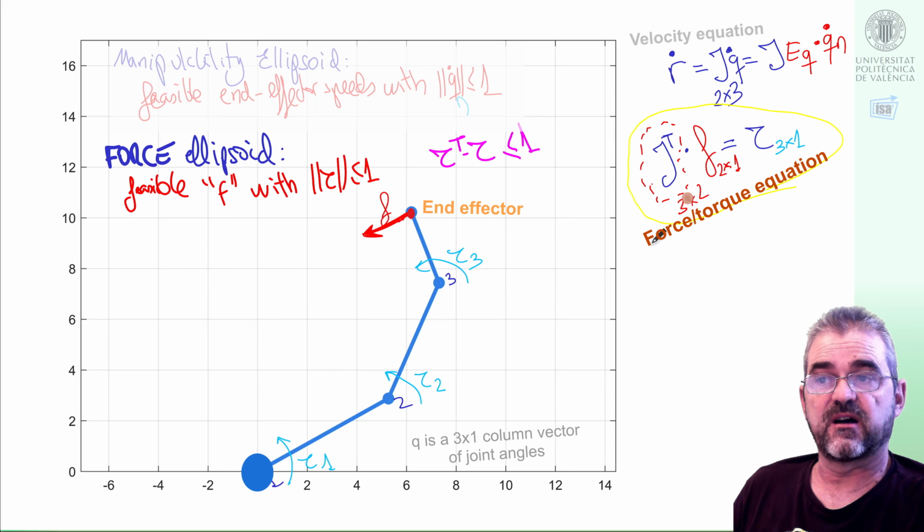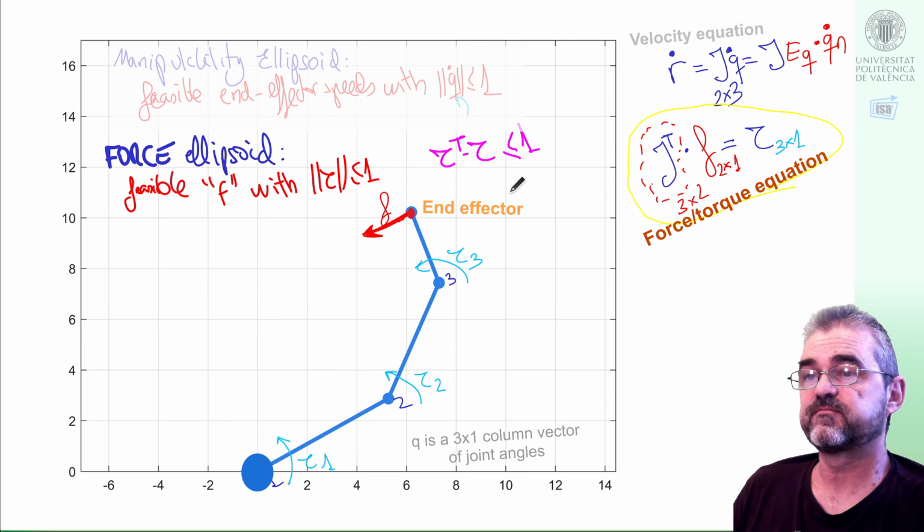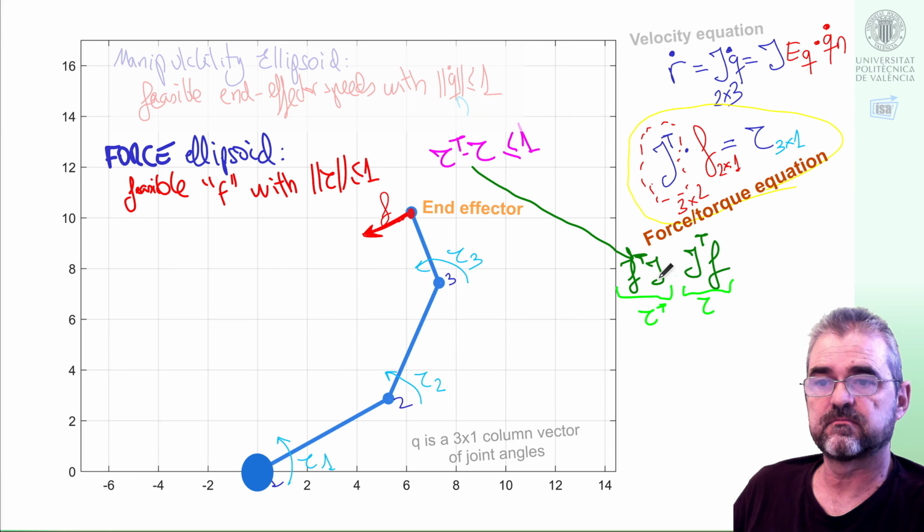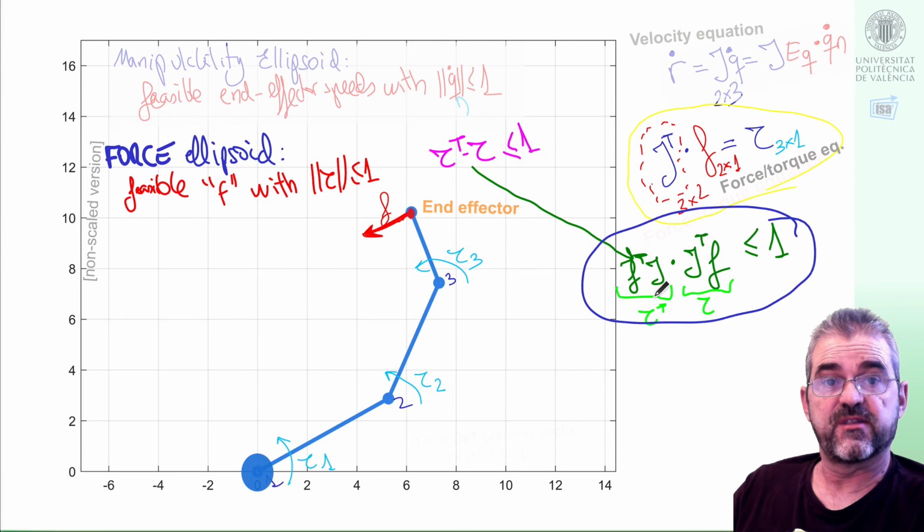Indeed, tau transposed tau is equal to, well, tau is J transposed F, and tau transposed is F transposed times the Jacobian. So this is the quadratic inequality that the force vector must fulfill in order for it to be cancelled with a torque within our limits.